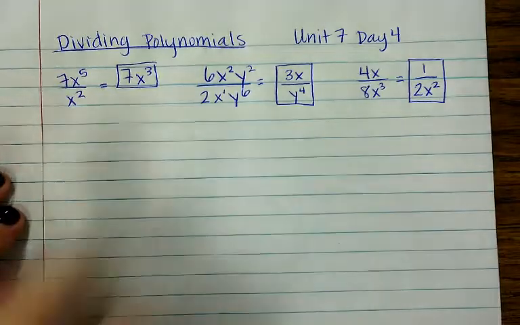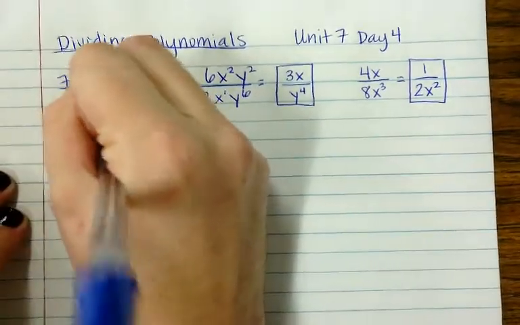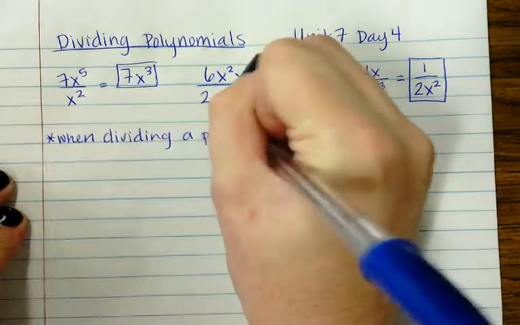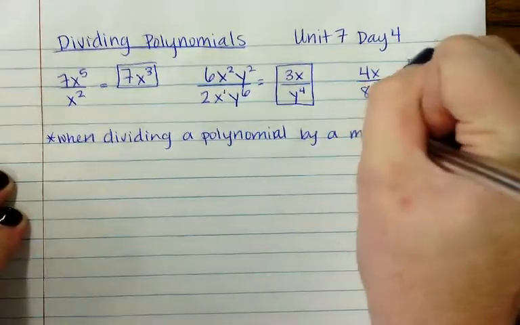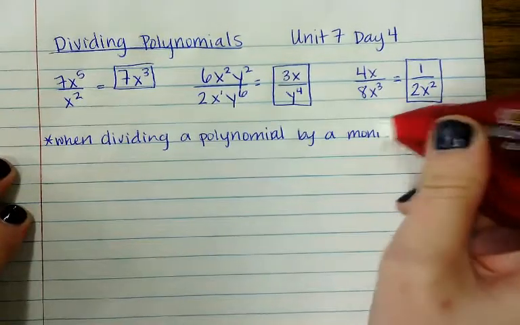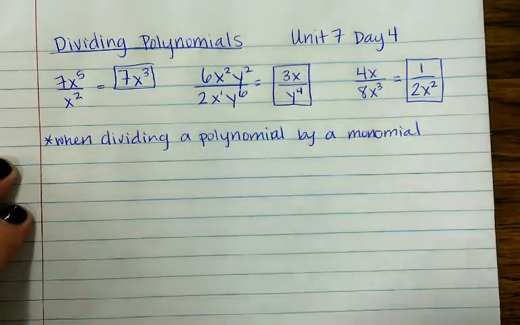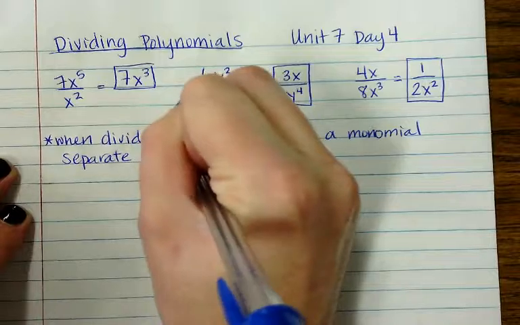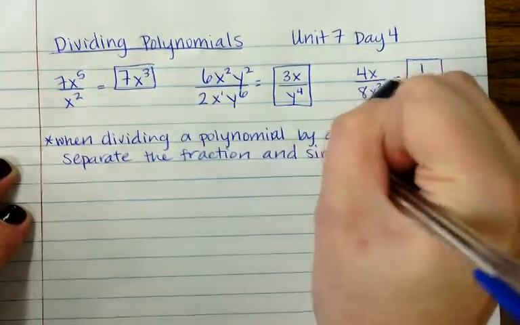So guys, with polynomials, our rule here is when dividing a polynomial by a monomial, you separate the fraction and simplify each term.